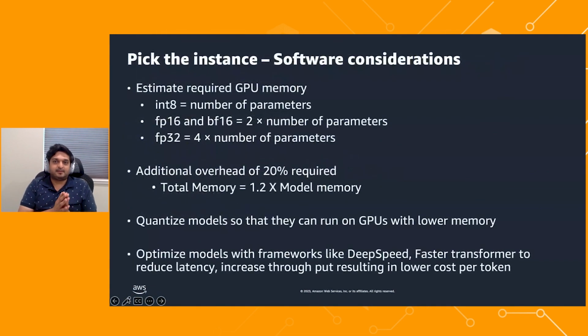So let's look at the first aspect of it. When you look at it, the first thing that we need to do is try to pick the right instance. For that, there are different kinds of considerations you might have to make. So let's start with the software considerations. Your model size is important to understand how much memory the model will take. So it's important to pick the right instance which has enough GPU capacity for what the model needs.